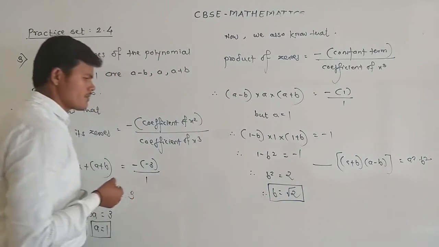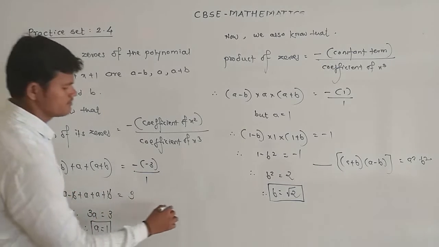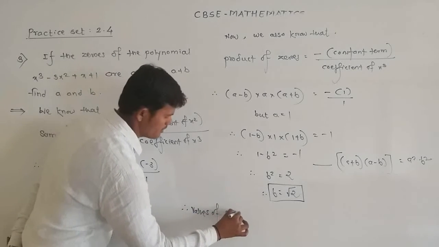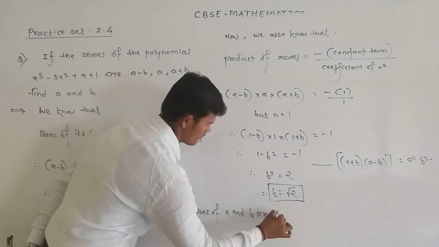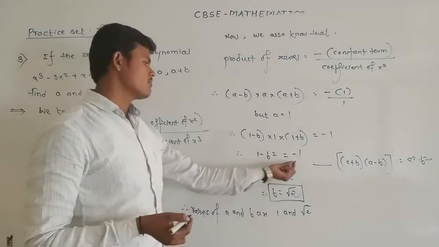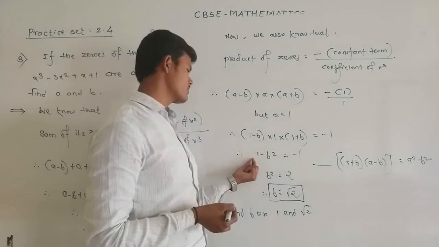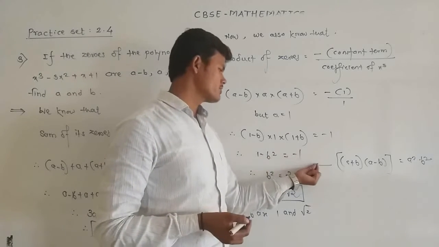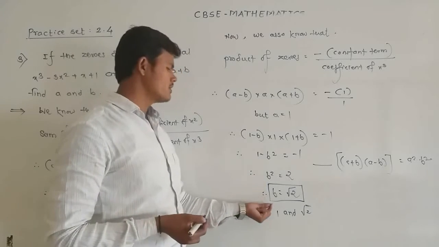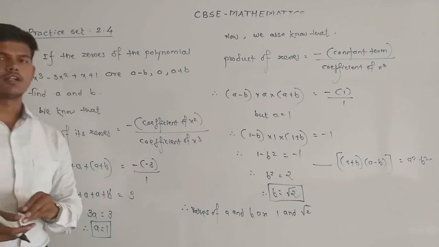So finally, the values of a and b are 1 and under root 2, because minus 1 goes to the opposite side, so minus 1 gets plus, so plus 1 plus 1 is 2, minus b square goes to the opposite side, so we get b square, so b square equals 2 is nothing but b is equal to under root of 2. So finally we get the values of a and b are 1 and under root of 2.